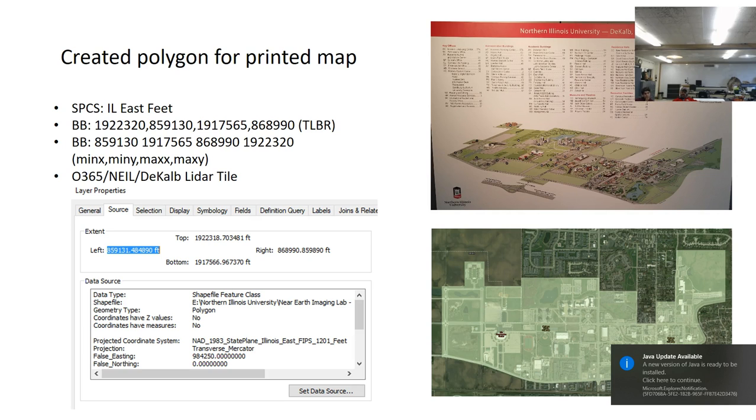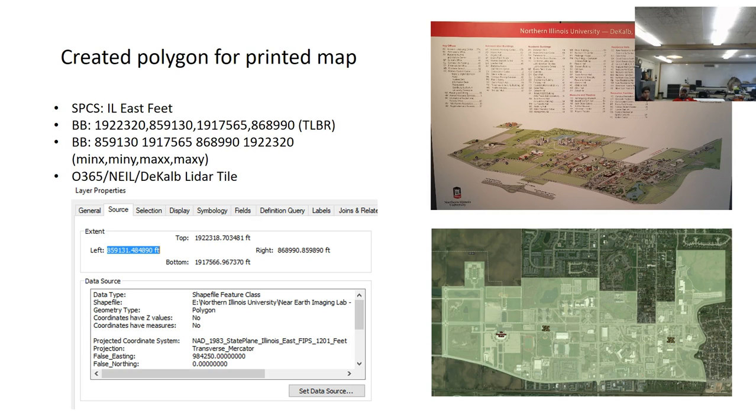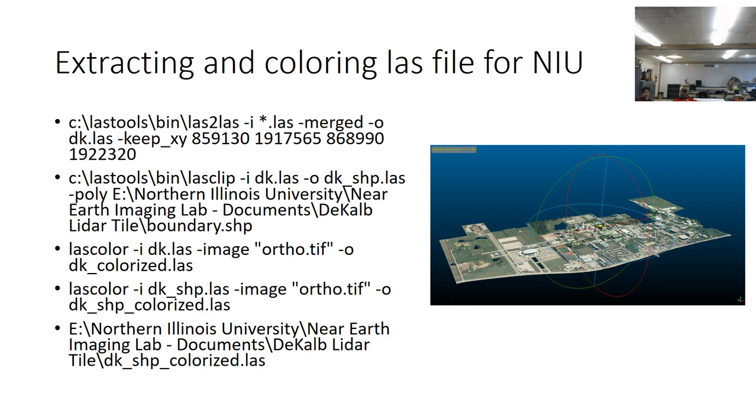This tile itself is in the O365 folder in the DeKalb LiDAR tile folder if you need it, as is the bounding box. So I sectioned out the 2009 LiDAR dataset with that. I put a couple of the lines from LAS Tools in here.